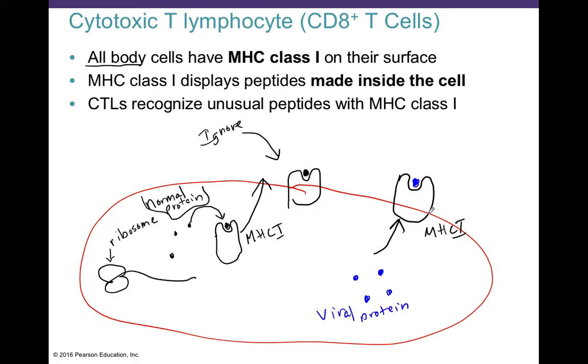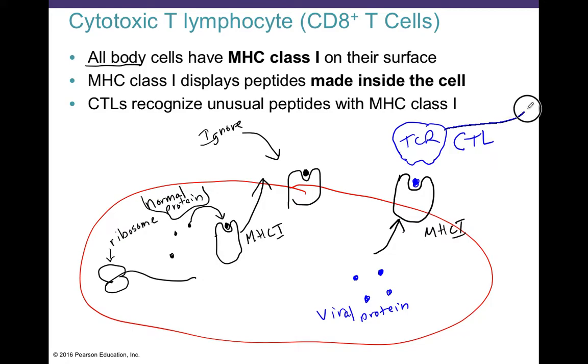So now this MHC1 is presenting a protein that is unusual, and the T cells have been trained to ignore things that are normal. But now our cytotoxic T lymphocyte, or cytotoxic T cell, is able to bind with its T cell receptor. We can just draw that T cell receptor smaller here.